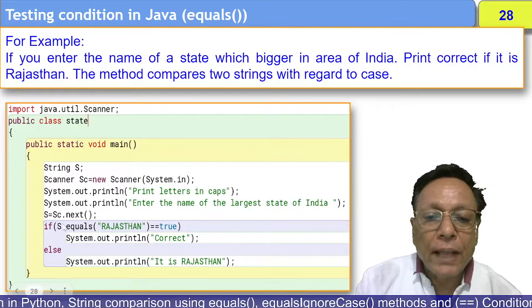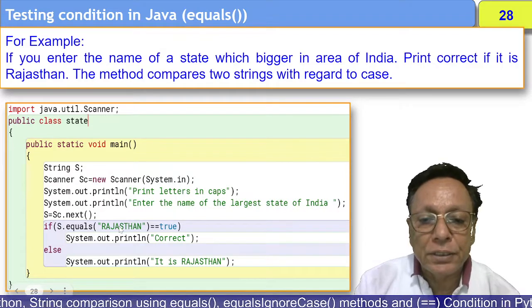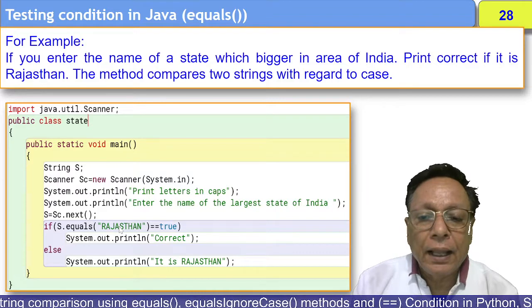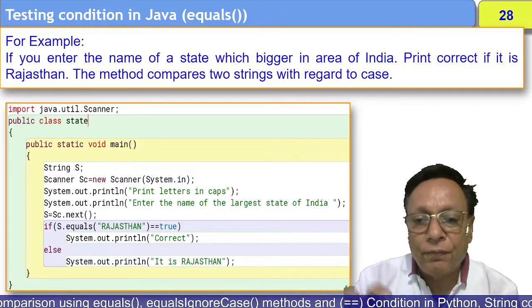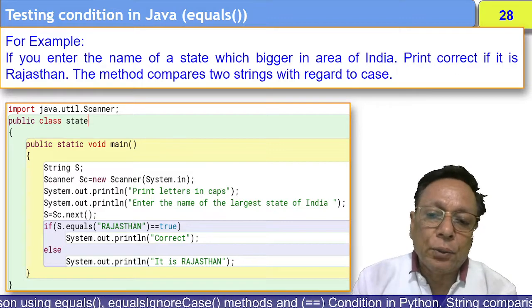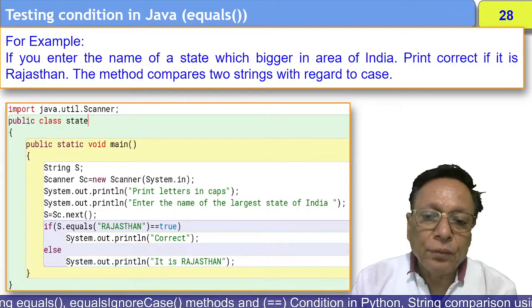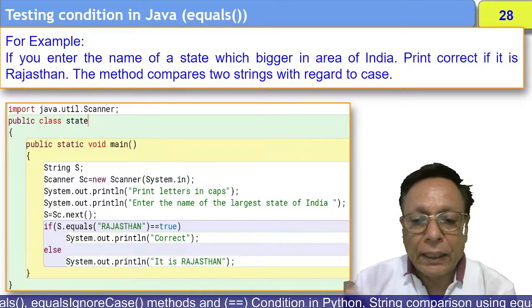So the value S will be compared with the string Rajasthan. If S holds Rajasthan in capital letters, then the cases of the strings match, and only then it will return true, otherwise it will return false. So if you enter Rajasthan in capital letters, it will print correct.